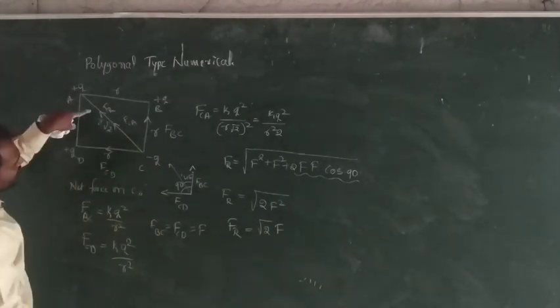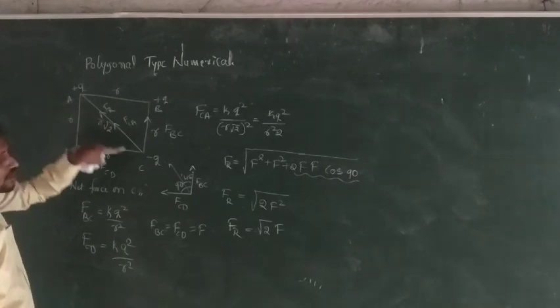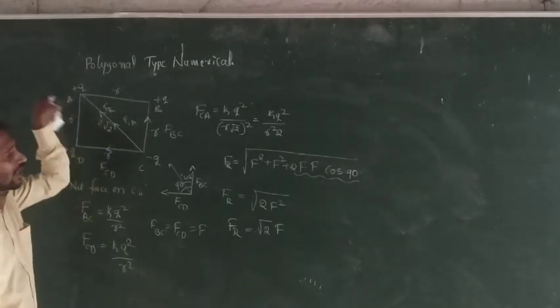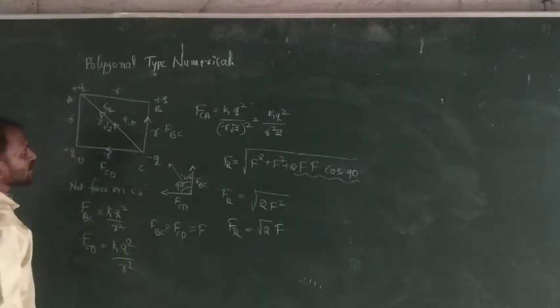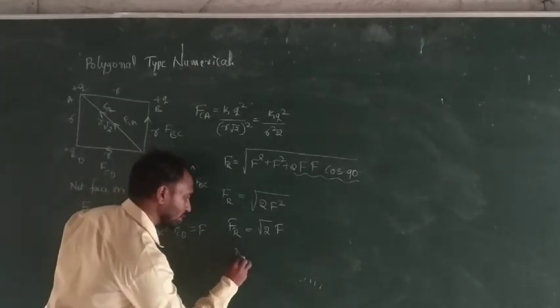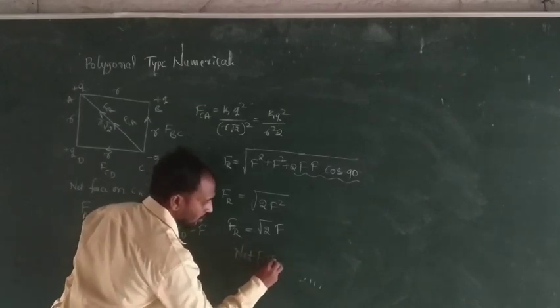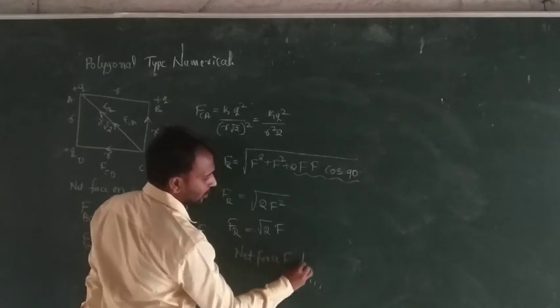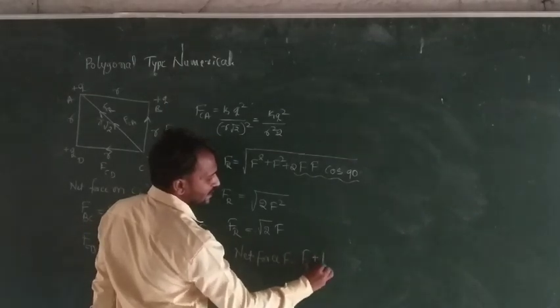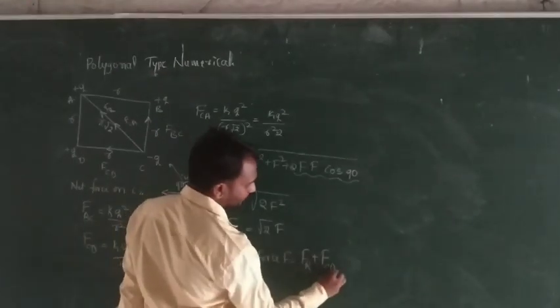The resultant force and FCA both are acting in the same direction, so these two vectors are added to each other. It means the net force F is equal to FR plus FCA.